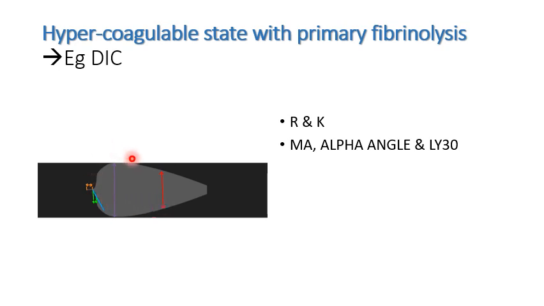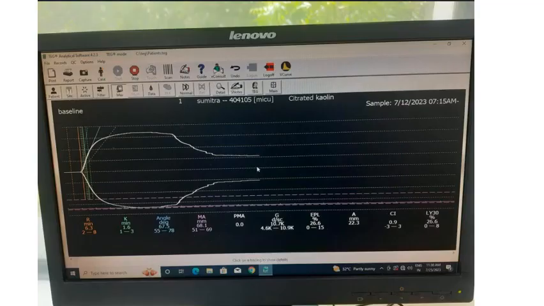So this is basically a hypercoagulable state with primary fibrinolysis, as in DIC.